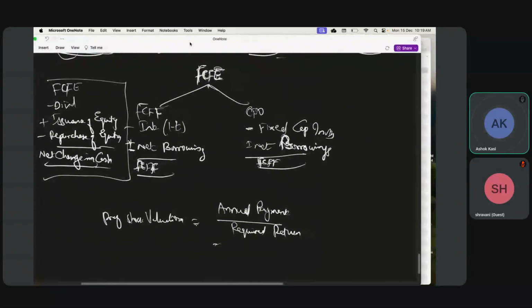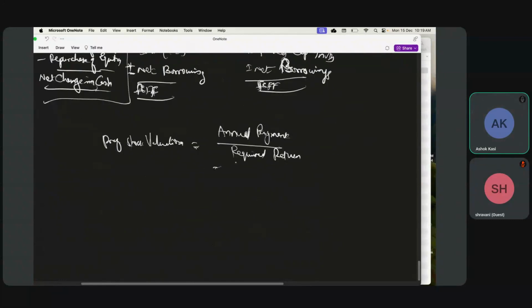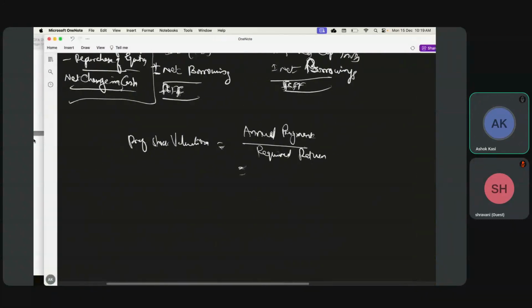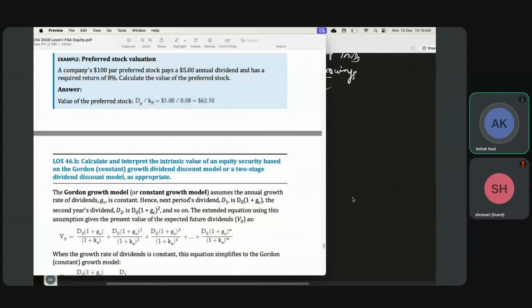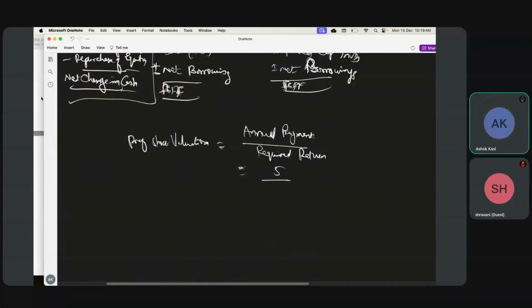So annual payment is how much? 5, divided by required return is 8%. Just calculate this. $62.5. So this is the present value of the preferred stock.